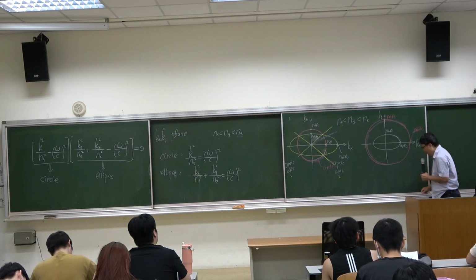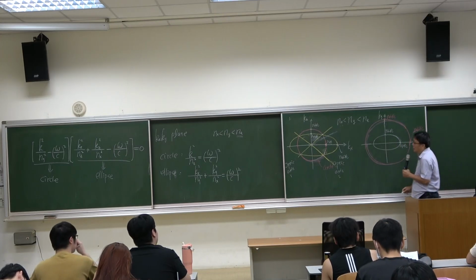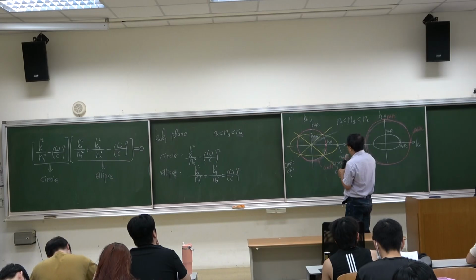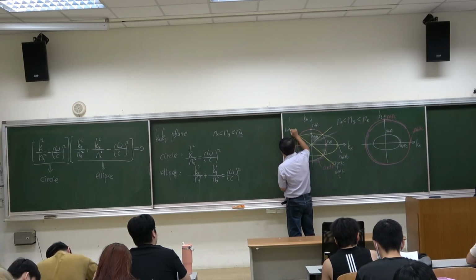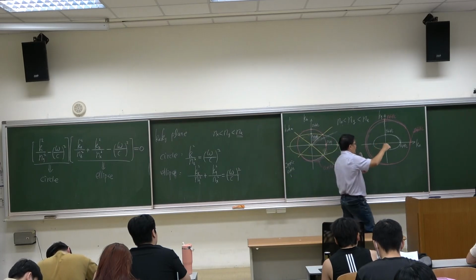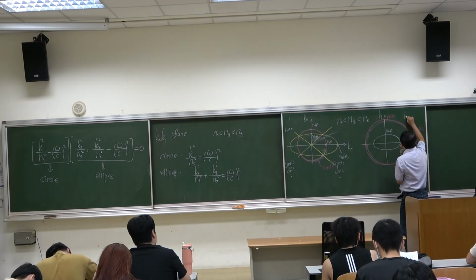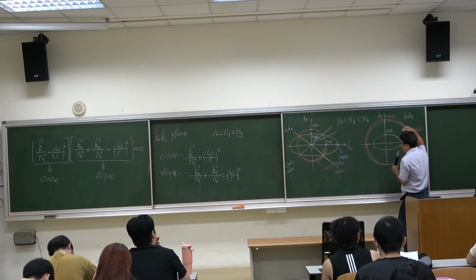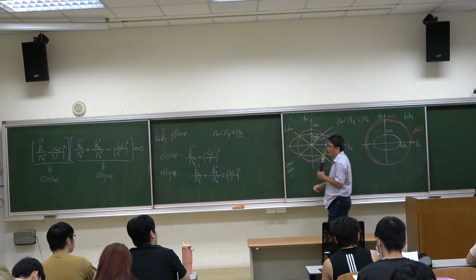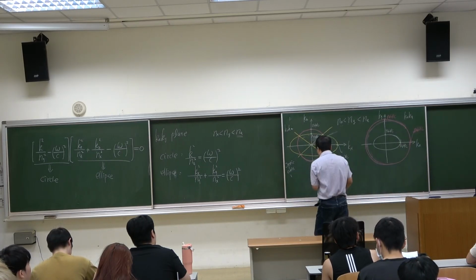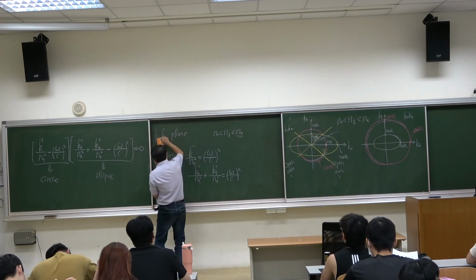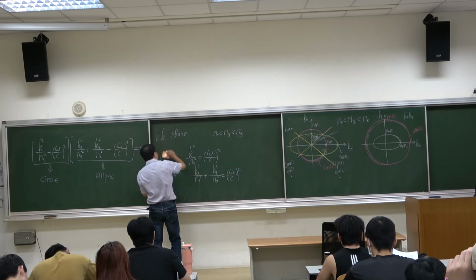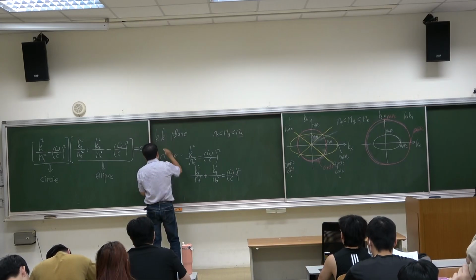Okay. 好，然后再来就是 kx kz 有了，ky kz 有了，这是 kx kz，这个是 ky kz，kx ky。再来就是 ky kz plane。那如果我们看 ky kz plane 会是，now we consider the ky kz plane.